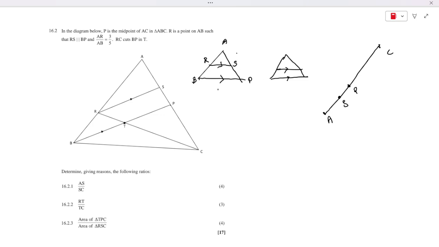Then the other thing I'm seeing in the question, I'm seeing AS and SC. I can see AS and SC on the master line. That's okay. Then I'm looking at RT and TC. So I need to also draw the line RTC over there. So I'm just gonna draw the triangle with side RTC.